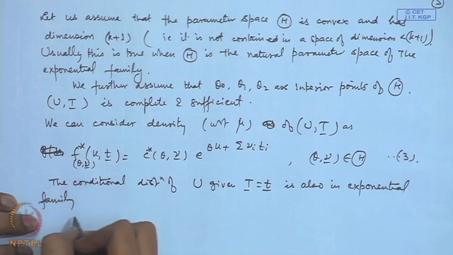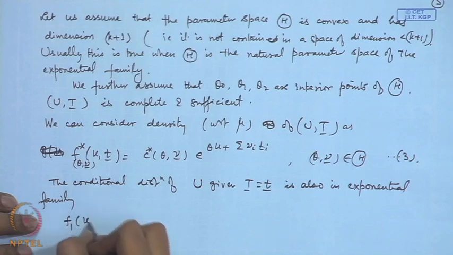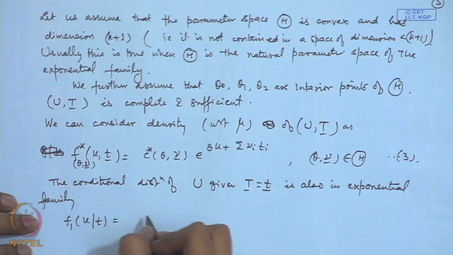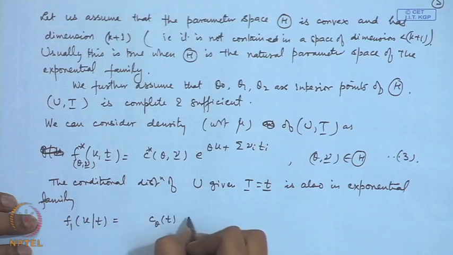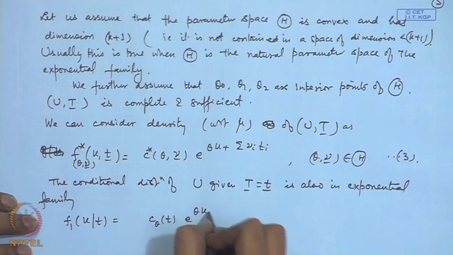So, I can write the notation here, say f1(u given t), that is equal to c(theta, t) e to the power theta u, and some coefficient will come.